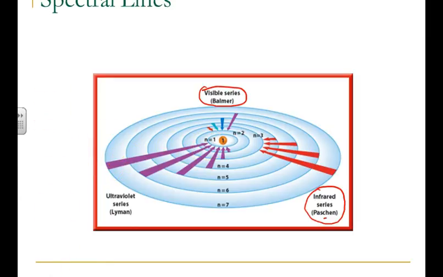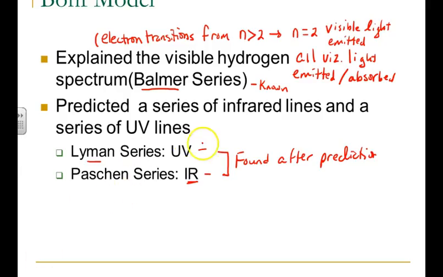Okay, so if we go back to this slide for just a moment, this particular one, the Lyman series, is from n greater than 1 to n equals 1. So an electron is going to jump from an energy level higher than 1 down to 1. This one is going to be n greater than 3 to n equals 3.